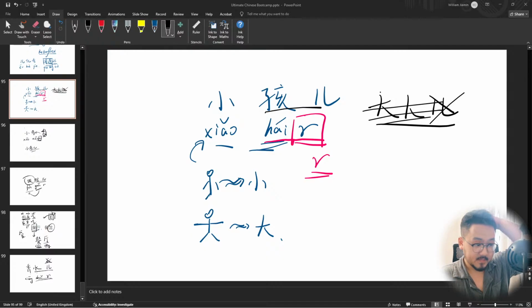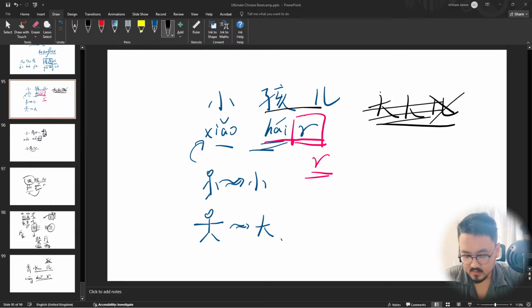Well, I think the trickiest part is the memorization of all these characters, because the characters represent a meaning but have nothing to do with the pronunciation.